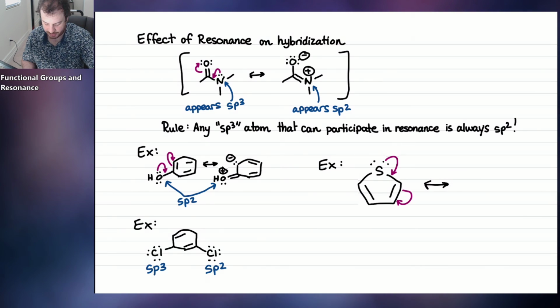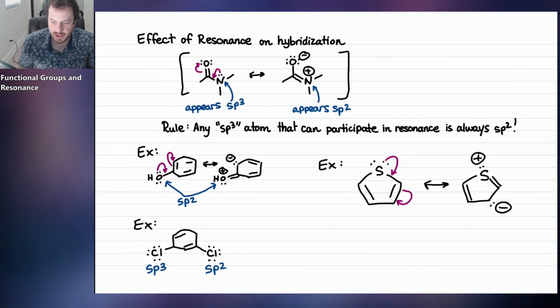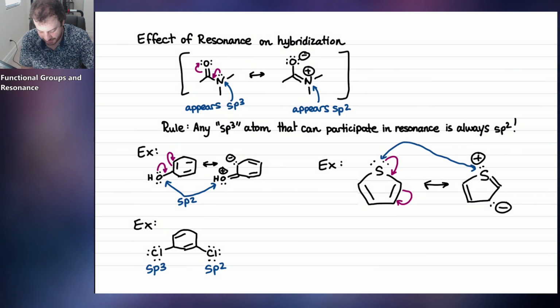To give us a resonance structure that looks like this. And now you can see that sulfur is sp2 hybridized. So remember, if an atom can participate in resonance at any time, it's sp2 all of the time. So sp2 on that sulfur.